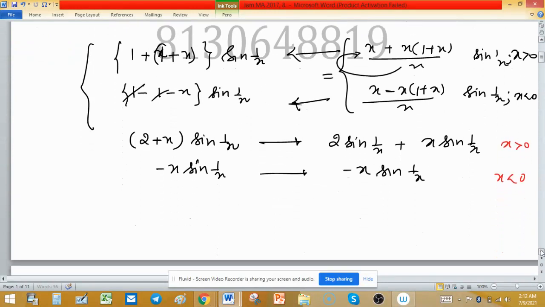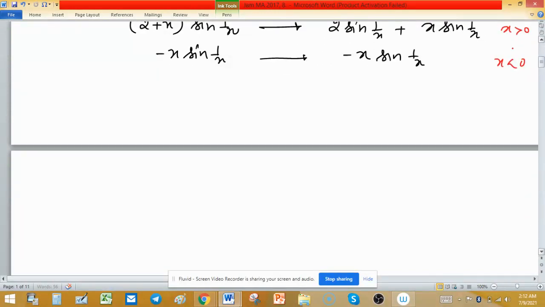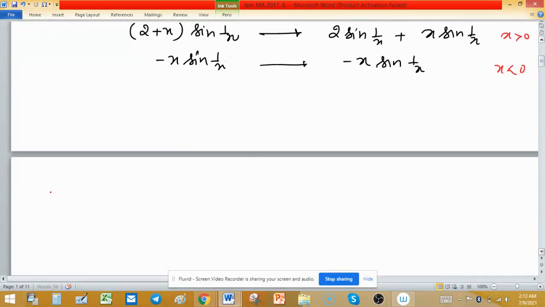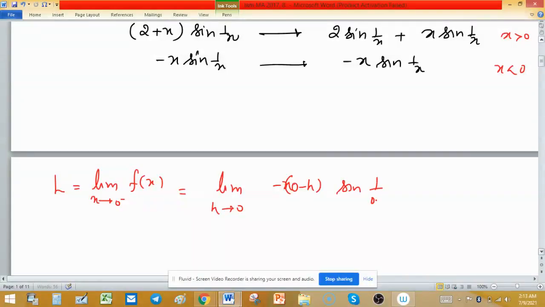Now find the left hand limit and right hand limit for the function. So L will be limit x tends to 0 negative of f(x), which is limit h tends to 0 of (0 minus h) sine 1 upon (0 minus h).